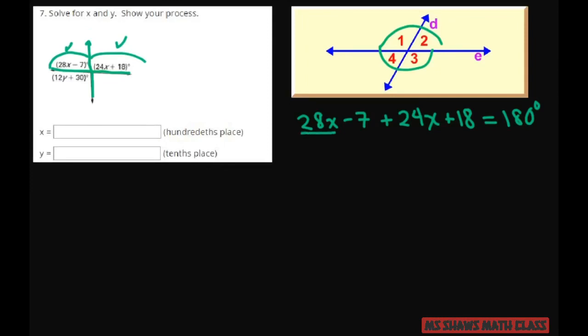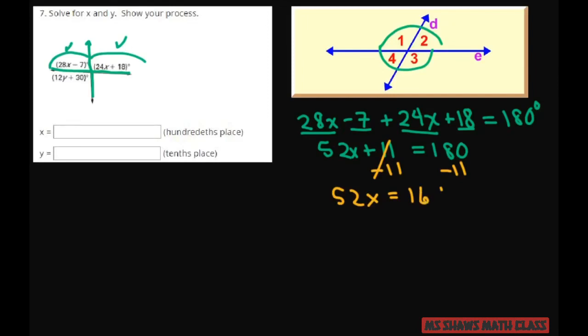So you add those two up, you get 52x. Combine the constants: 18 minus 7 is 11. You get 52x plus 11 equals 180. So you subtract 11 from both sides, and you get 52x equals 169.